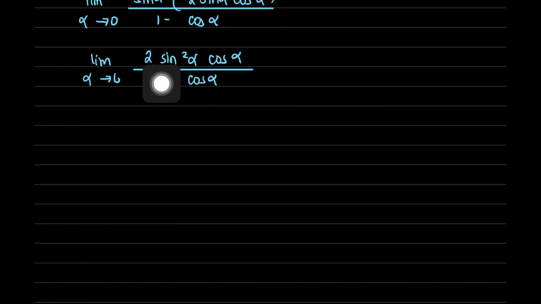We have an operation in between. You cannot cancel out common terms, you can only cancel out common factors. So before we can cancel that out, we have to manipulate this first. Sine squared alpha is actually equal to 1 minus cosine squared alpha.